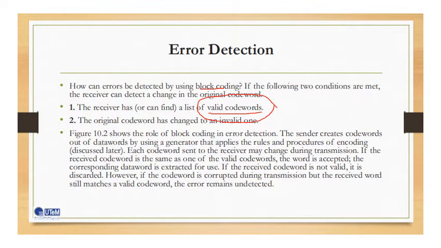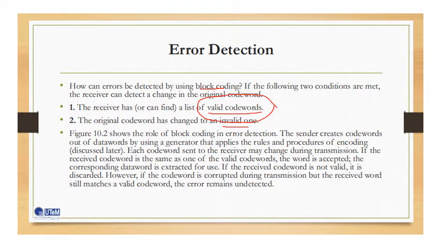If the received code word is an invalid one, then the receiver can detect the error. It means that the receiver will identify that the message has been corrupted.